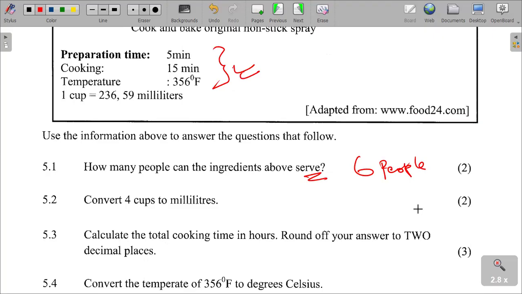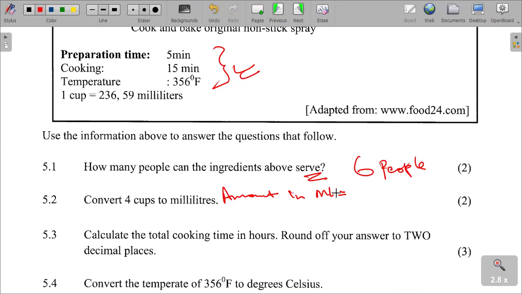And then convert 4 cups to milliliters. Amount in milliliters is equals to what?